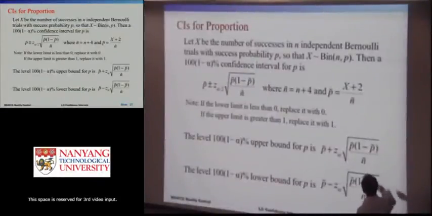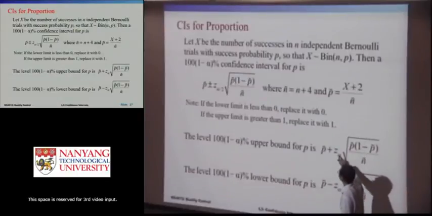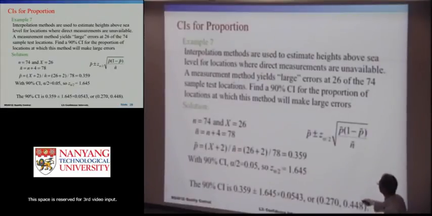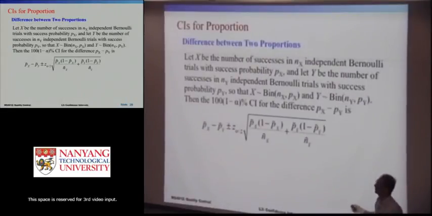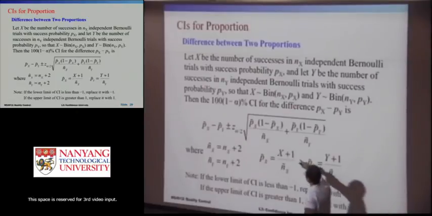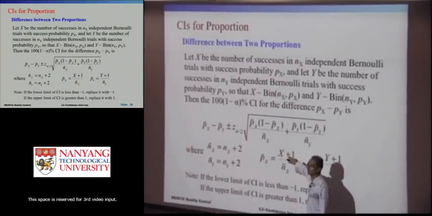And for the one-sided, you use this set of formulas, replacing alpha over 2 by alpha. This example is basically plugging into the formula. Here I need to see the difference between two proportions. And here, the P wiggle x equals x plus 1, not x plus 2 anymore.